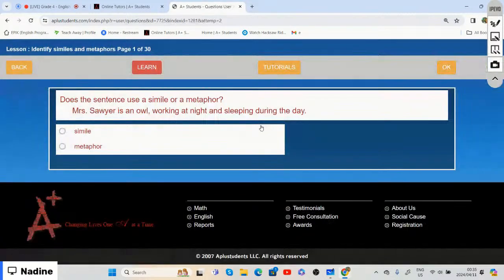Now we're going to our lesson, where it says, does the sentence use a simile or a metaphor?